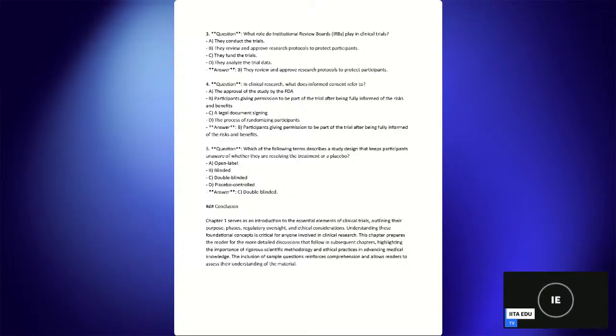This chapter prepares the reader for the more detailed discussion that follows in subsequent chapters, highlighting the importance of rigorous scientific methodology and ethical practice in advancing medical knowledge. The inclusion of sample questions reinforces the content and allows readers as students to assess their understanding of the materials.